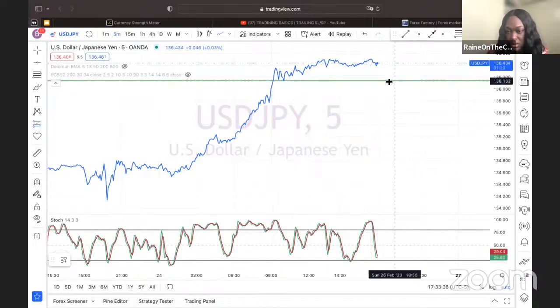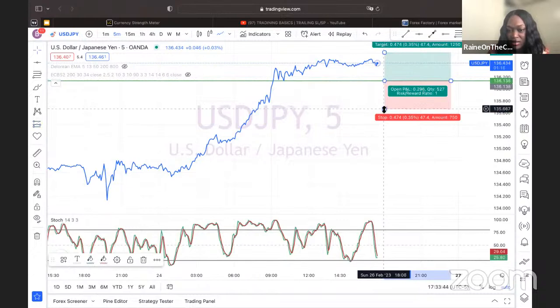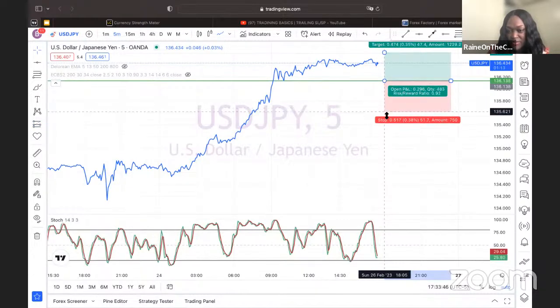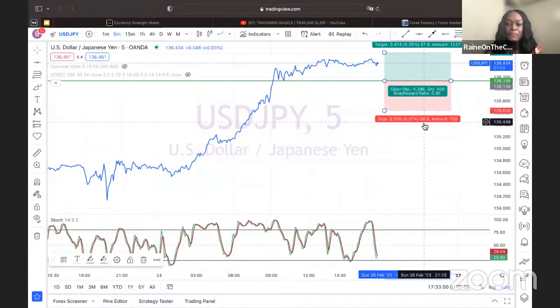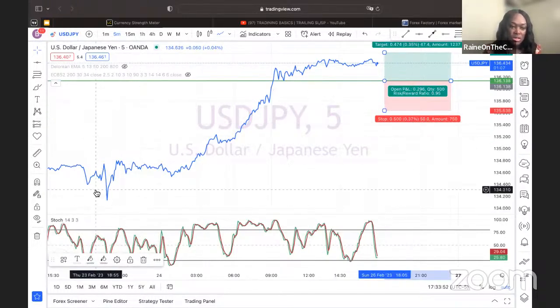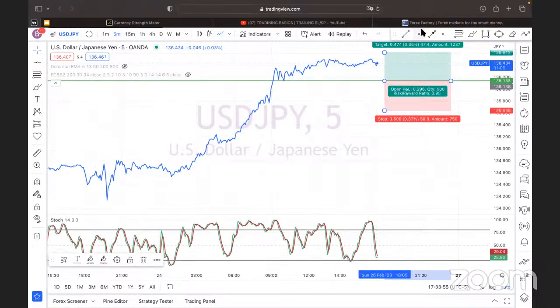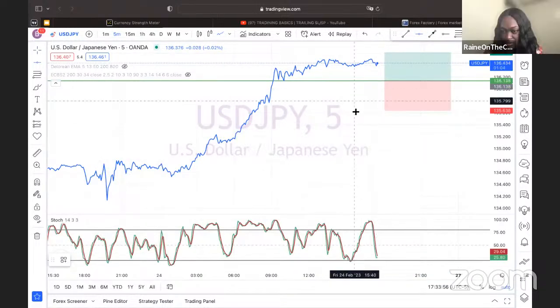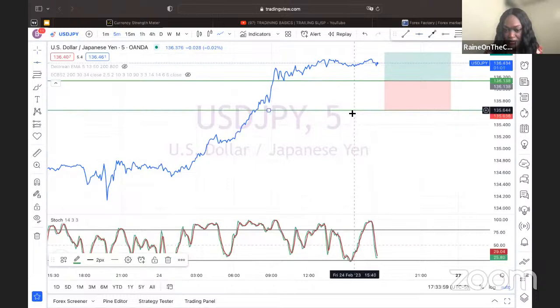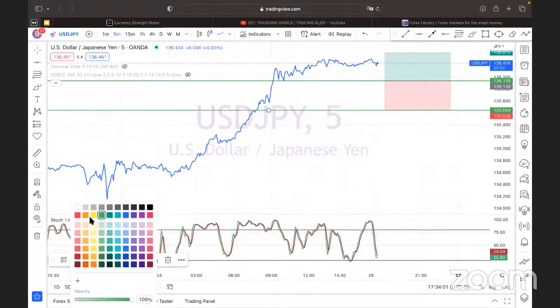So say we got in here, it's playing around. Let's do a 50 pip stop loss. Okay, we will put our stop loss here. Get that red.